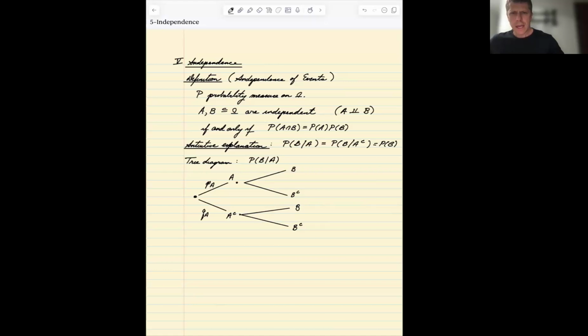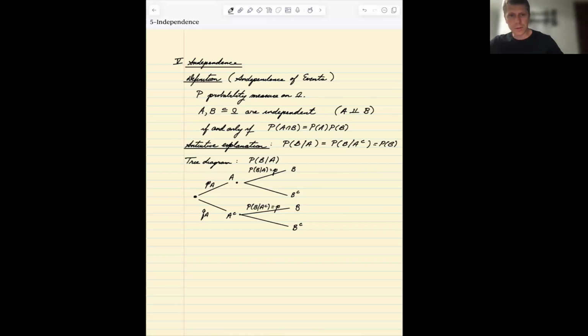So this probability here should actually be the probability of B given A. Let's write that as P. And this is the probability of B given A complement.